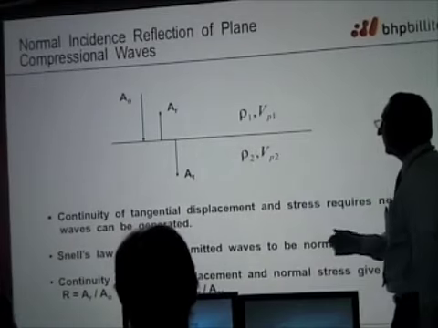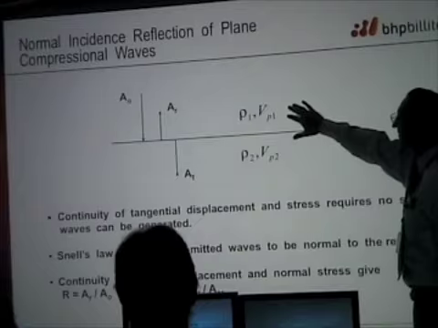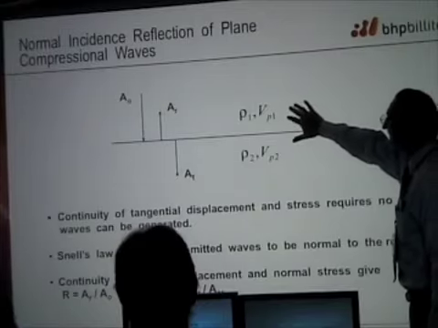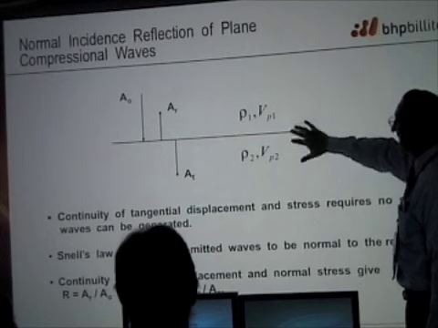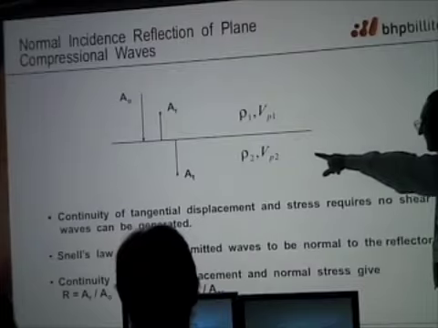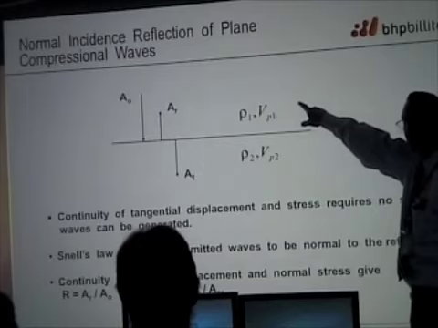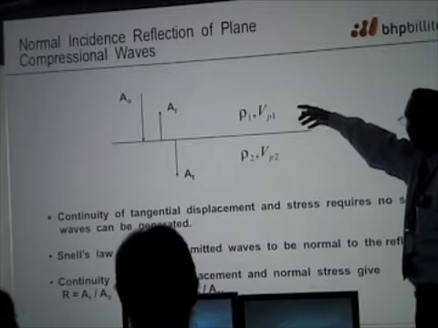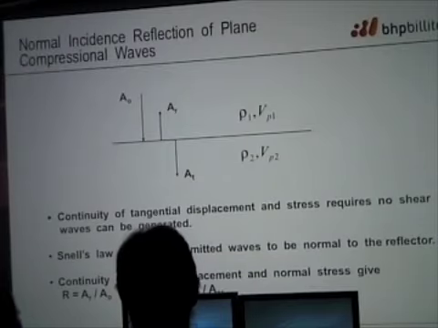Why is that so? First of all, the two media are characterized by their own densities and velocities, and we're only going to consider here the compressional wave, so I'm not worried about the shear wave velocity, which would be the second elastic constant. I would need a second elastic constant.